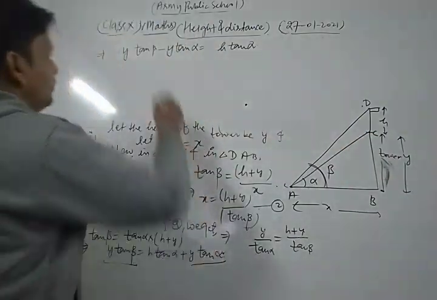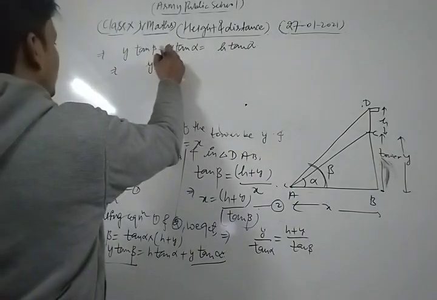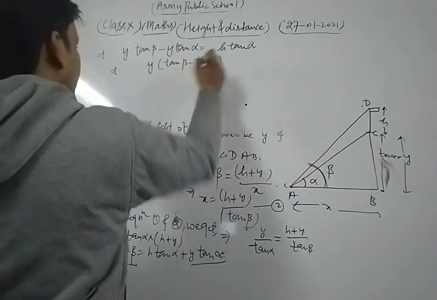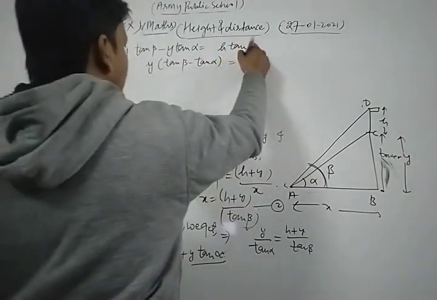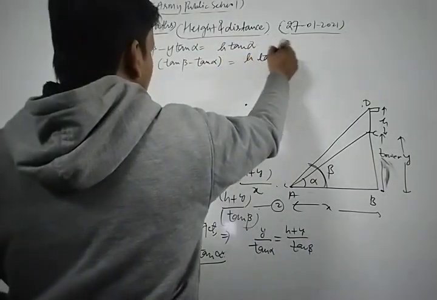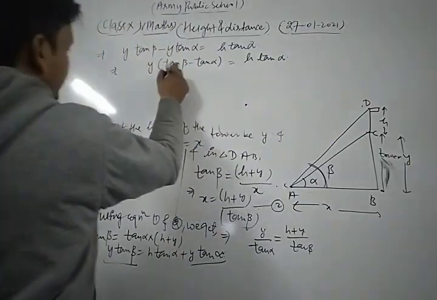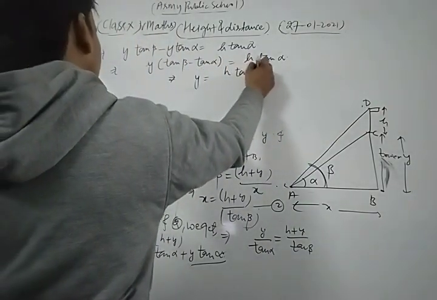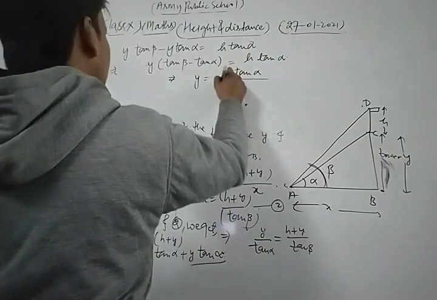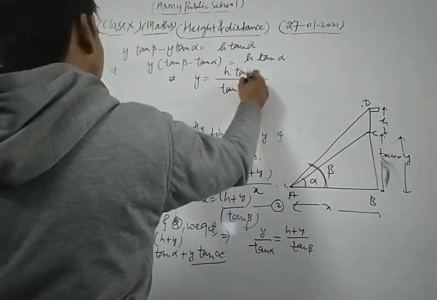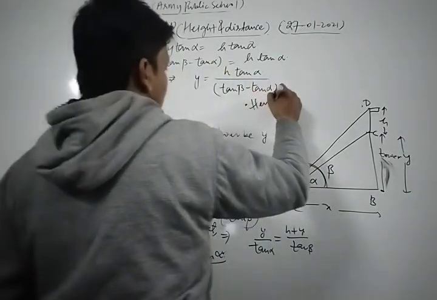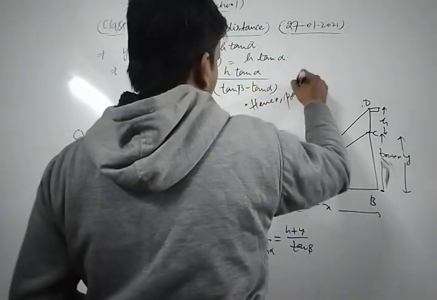From there we take y as common, so we get y into tan beta minus tan alpha is equal to h tan alpha. So the value of y is h tan alpha upon tan beta minus tan alpha. Hence proved. This is our required result.